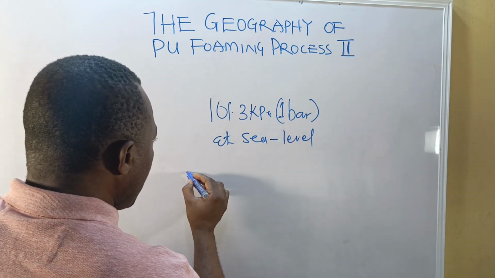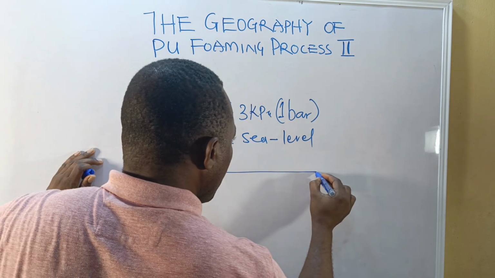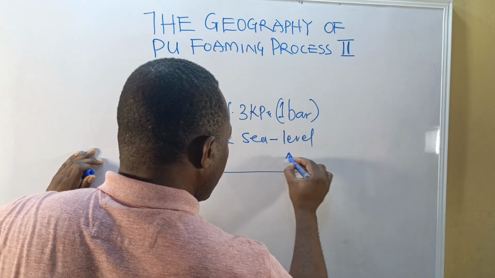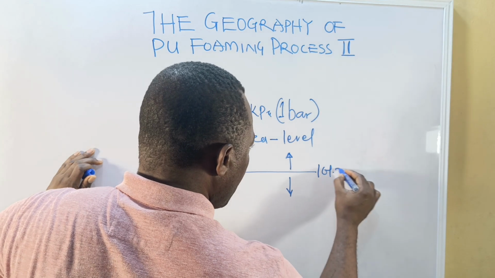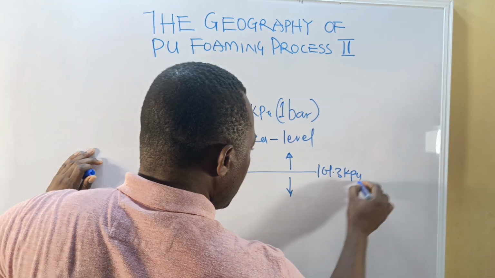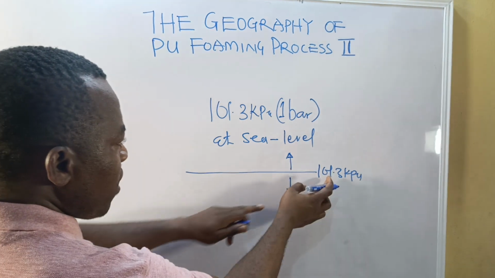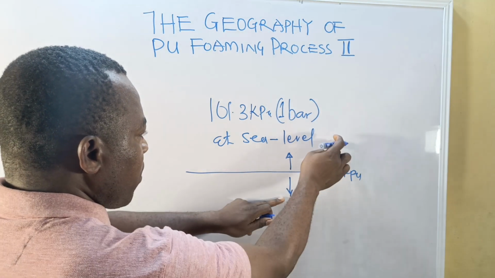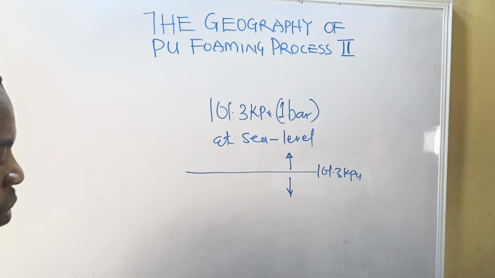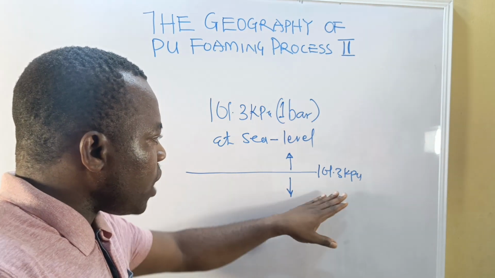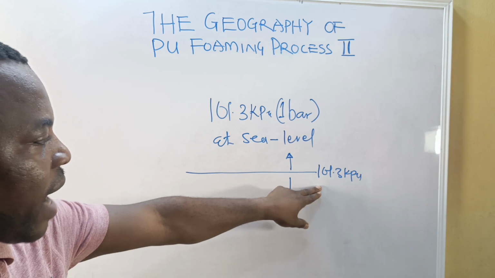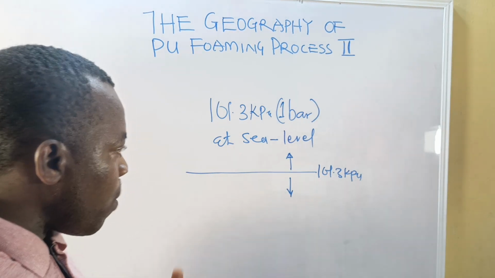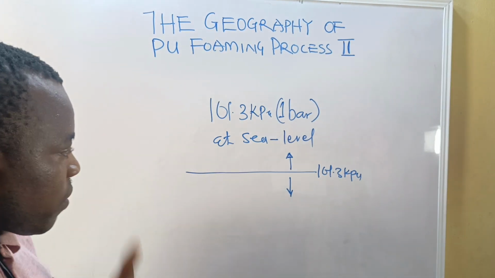This is a baseline, and this is 101.3 kPa. Does this mean the value is increasing or decreasing? In this context, as a foam engineer, you must be able to know about this value and how it affects the PU foam reaction process.